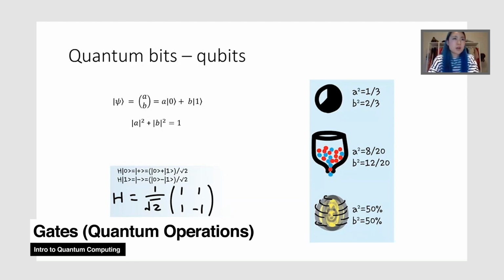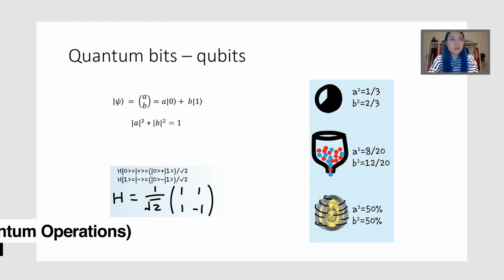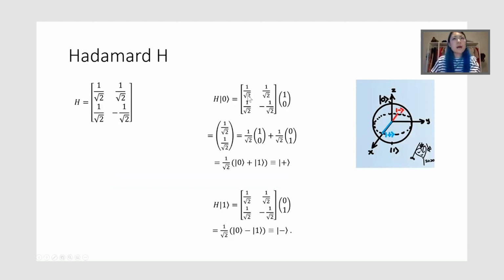There is a very commonly used gate called the H gate, or Hadamard gate. It has this kind of form. What it does is apply these 4 elements onto the vector. So it's a 2 by 2 matrix. At first, you can say it's classical, but then you apply a Hadamard gate, or H gate, to it, and it will become a superposition.